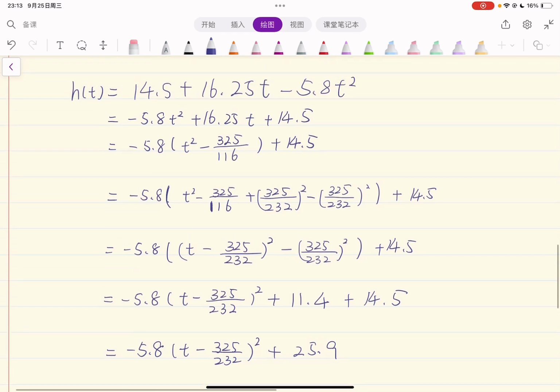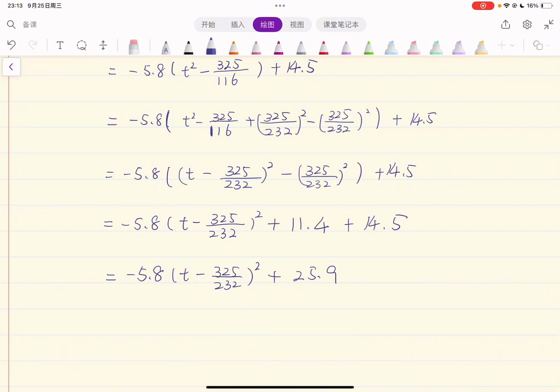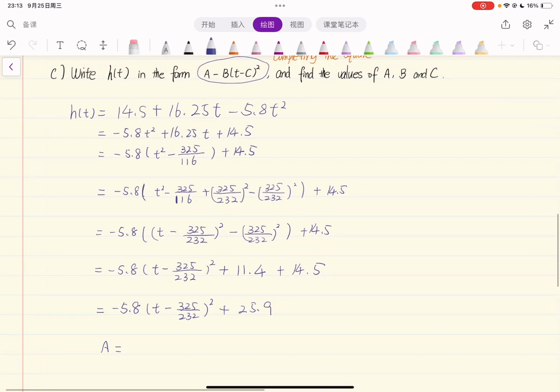Sorry for this inconvenience. So a equals 25.9, b equals 5.8, and c equals 325 over 232. Right?